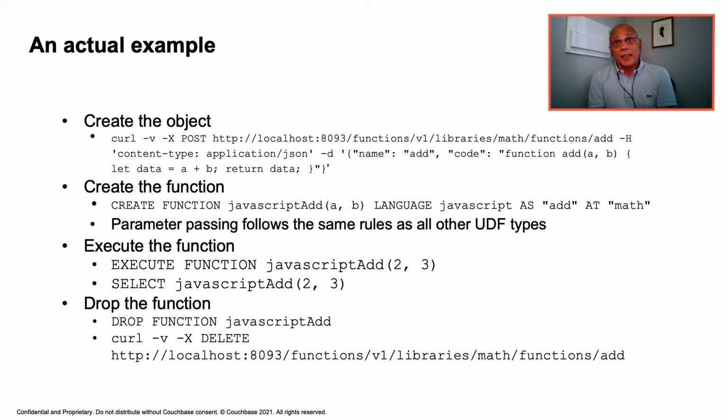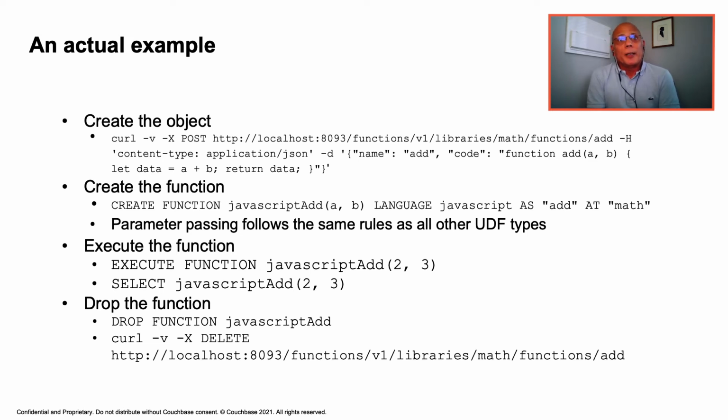And as part of that library, it adds a function called add, and that is the body of the function. It just does an add. Once we've got that, then what we can do is create function JavaScript add. That's the Nickel UDF definition for the function, and we're pointing it to the add object at the mat library.